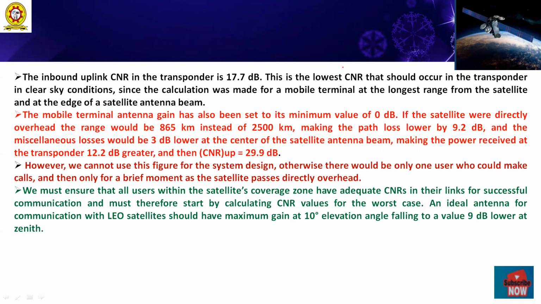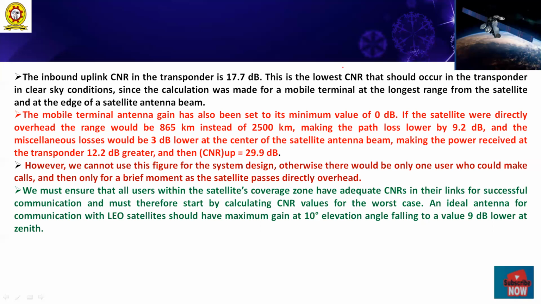Then only a proper carrier to noise ratio value is attainable, and the maximum gain should be evaluated with minimum criteria. You have to get the maximum gain for specified parameters, elevation angle and azimuthal angle.